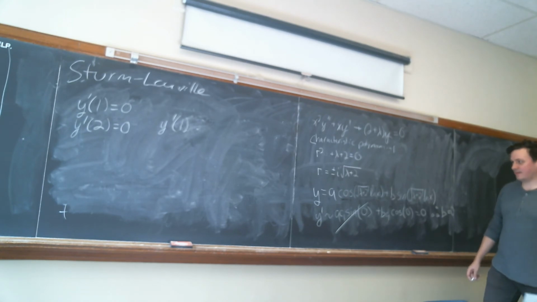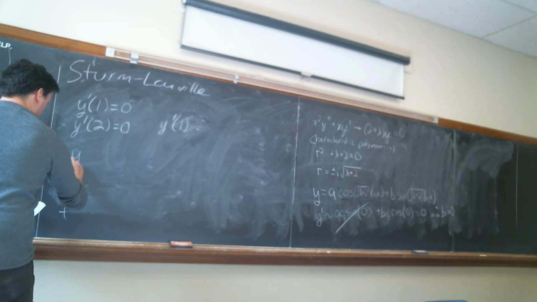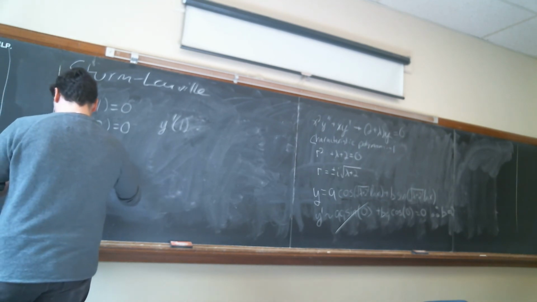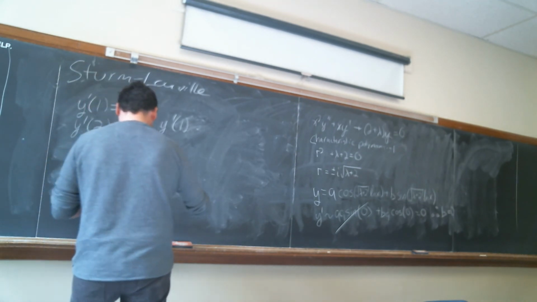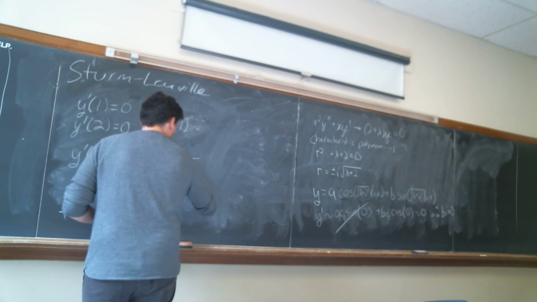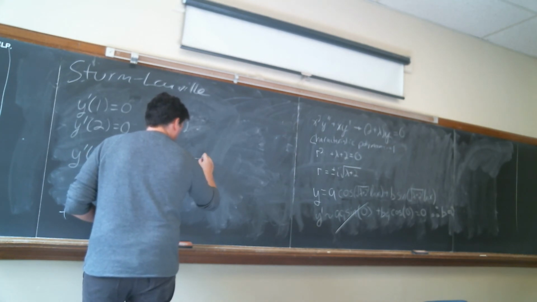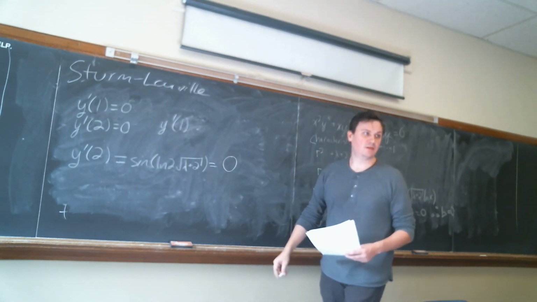And now we also get, for the other boundary condition, it's at 2 is equal to 0. So we get y prime at 2 is equal to the sine of the logarithm of 2 root all this is equal to 0.